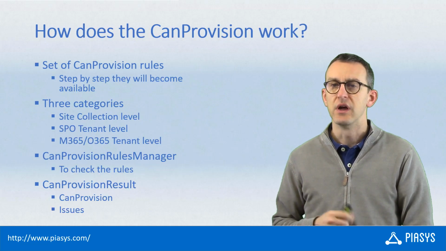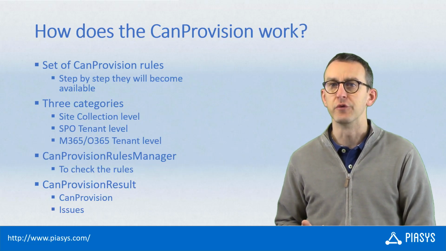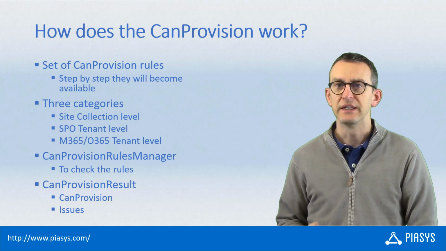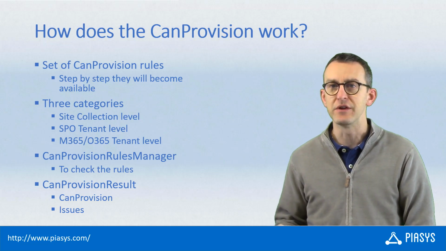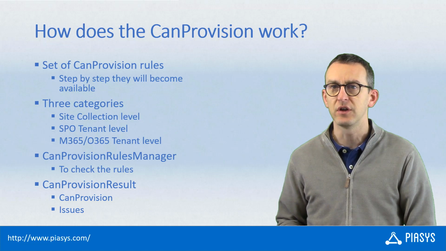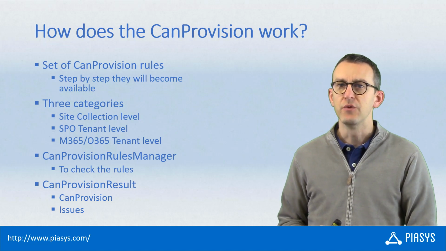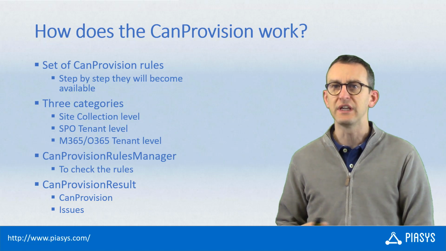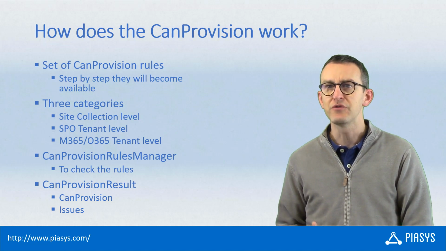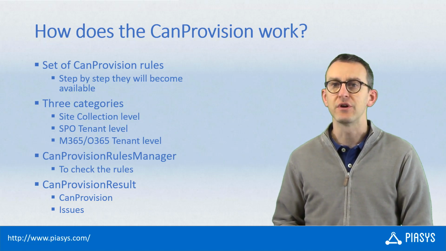How does it work? Well, first of all, there is a set of rules, the CanProvision rules, that we define and that you can define by yourself if you like. They are just .NET classes. Then there is a CanProvision rule manager type, which can be used to execute all of the CanProvision checks and which will give you back a CanProvision result.